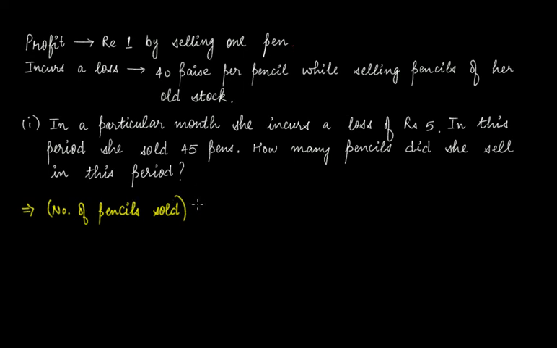So this will be 40, right? What will be the loss? That is the number of pencils that you have sold in this month, and for one pencil it is 40 paise, therefore the number of pencils sold times 40 will be the loss due to the selling of the pencil. Now in a particular month she incurs a loss of rupees 5. In this period she sold 45 pens.